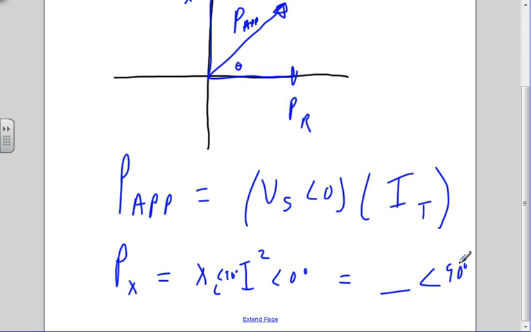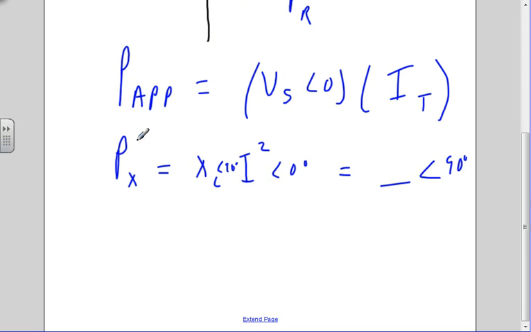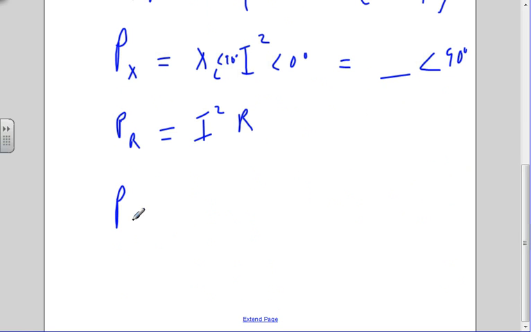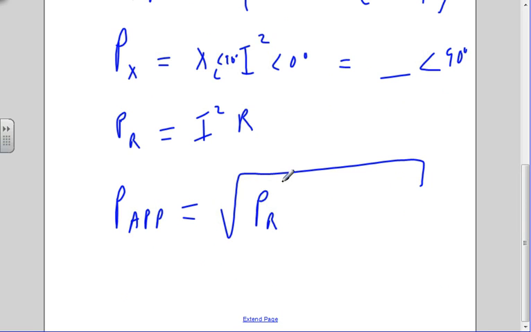And real power is I squared R, and apparent power, because those guys are at right angles to each other, is the square root of the real power squared plus the imaginary power squared, the inductive power.